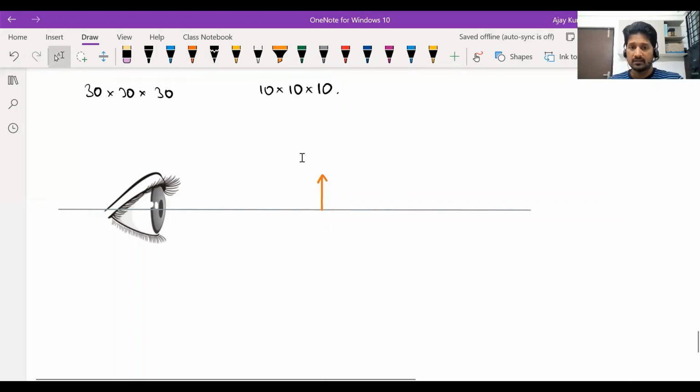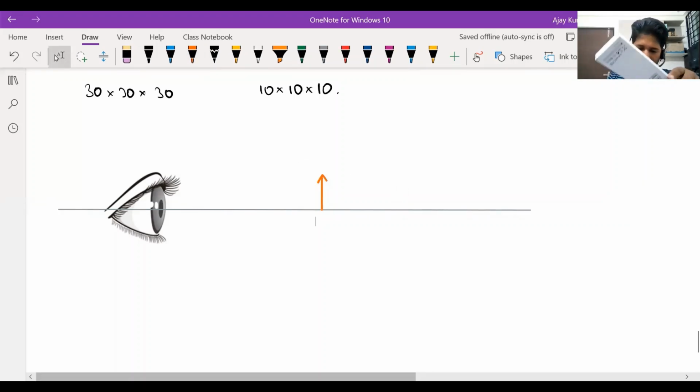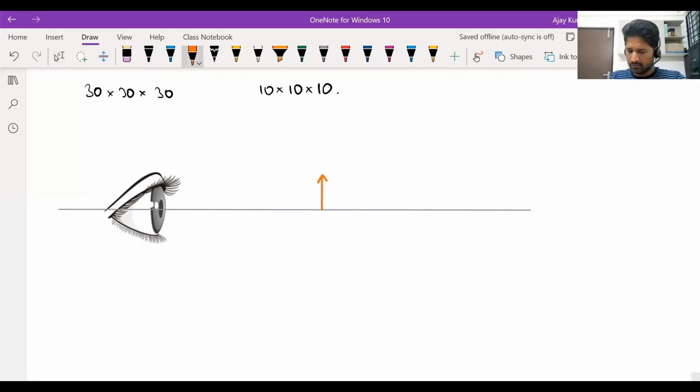Why that happens is because at a particular point on your eye, if you imagine the rays from the end points of the object incident, this ray and this ray, they subtend a certain angle here.